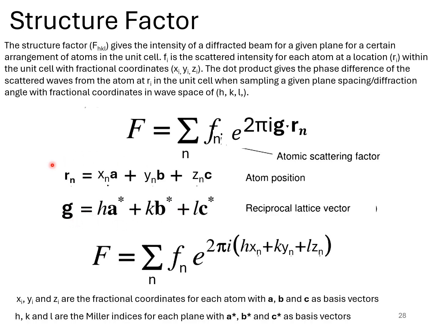If we take those numbers and plop them in this equation, which gives the intensity of the scattering for different planes from a unit cell, the phase factor is the product of these fractional numbers: h and xn, k and yn, l and zn.